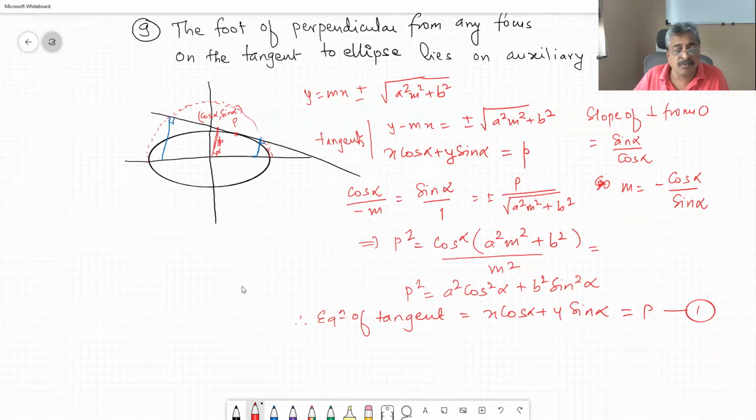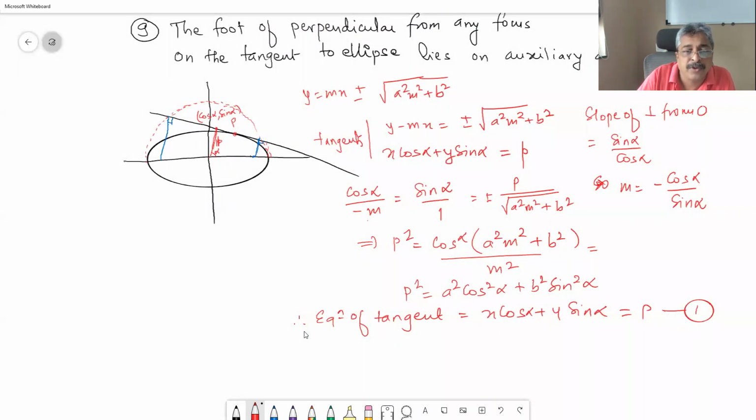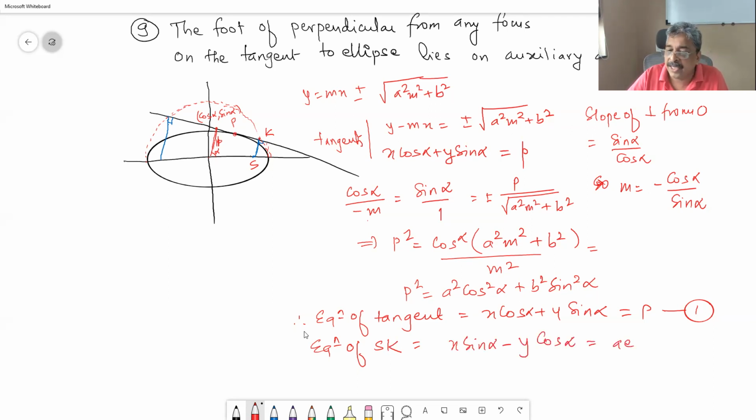Let this point be K and this S. Since this is the equation of the tangent, the equation of the perpendicular line SK passing through S would be x sine alpha minus y cos alpha is equal to ae sine alpha. This is equation number 2.